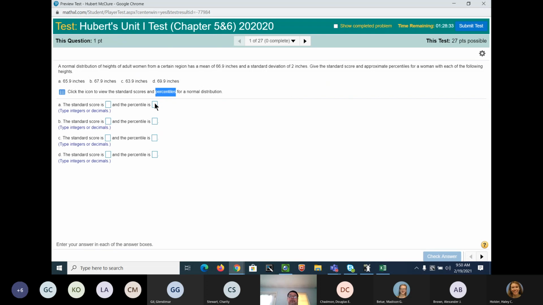Normal CDF. This is a calculator question. If you have a newer calculator, you can type in 66.9 as the mean, and 2 as the standard deviation, and 65.9 is X, and it will spit out the Z-score. Then you go to normal CDF, and it says they just want the percentiles.